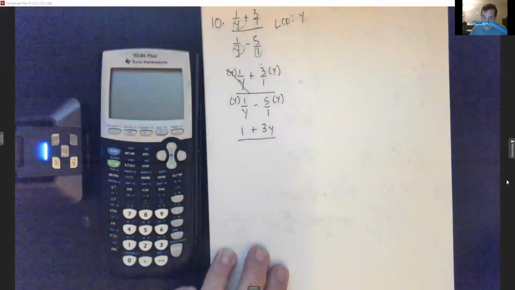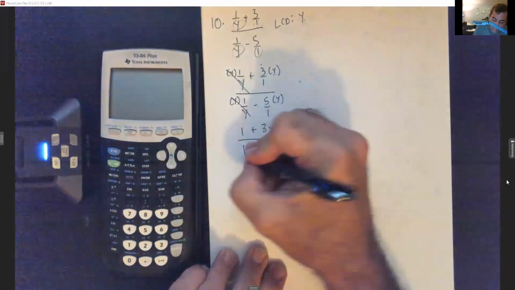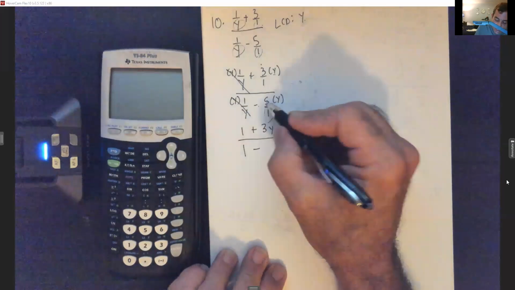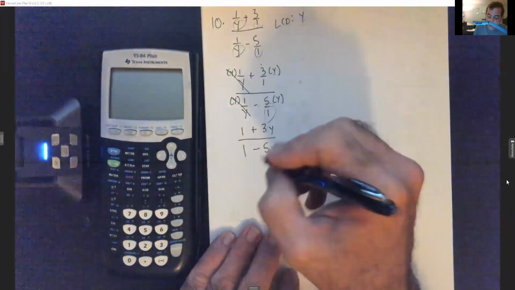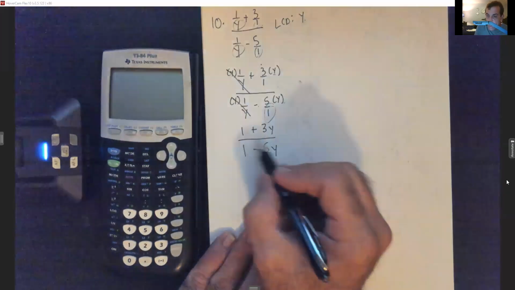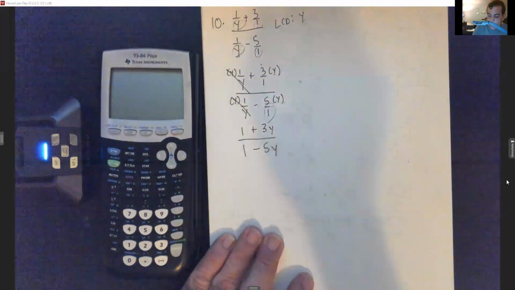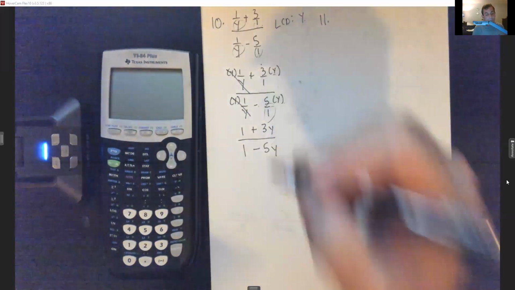On the bottom, you do the same thing. These y's cancel, so what's left is a 1 minus. Only thing on the bottom is 1, so you multiply the 5 times y and get a 5y. And that is the final answer, because the only way to cancel the 1 plus 3y is with another 1 plus 3y, okay? So when you get these binomials, it's tricky to try to cancel them, okay?